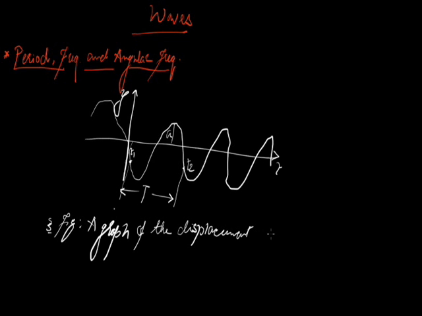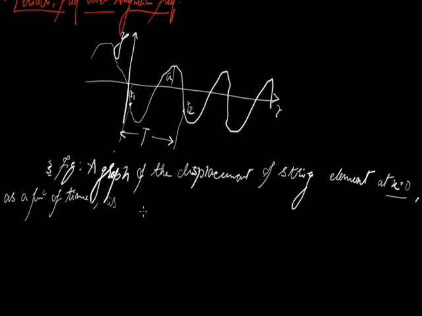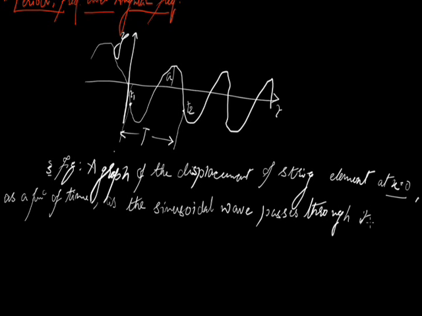The graph of displacement of the string element as a function of time, as the sinusoidal wave passes through it. The amplitude A is indicated.